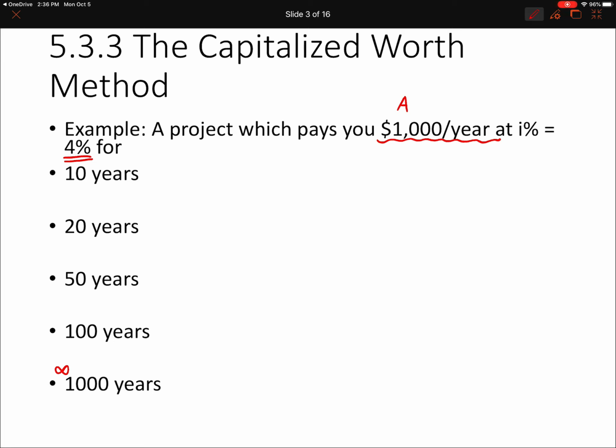Let's take a look at the values of these annuities when we convert them back to the present time. What kind of PW values can we have? And how do we use that simplified capitalized worth method to calculate the very last item?